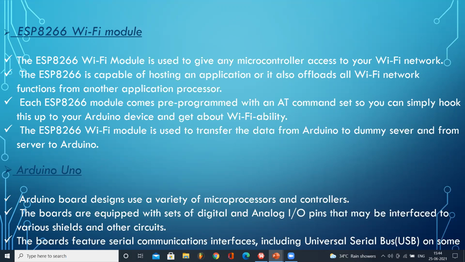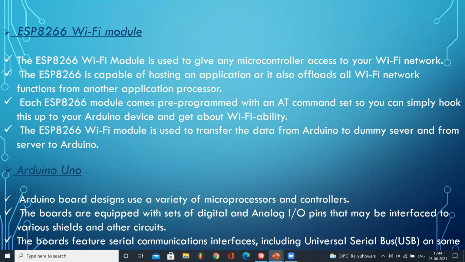Each ESP8266 module comes pre-programmed with an AT command set, so you can simply hook this up to your Arduino device and get Wi-Fi ability. The ESP8266 Wi-Fi module is used to transfer the data from Arduino to a dummy server and from the server to Android.